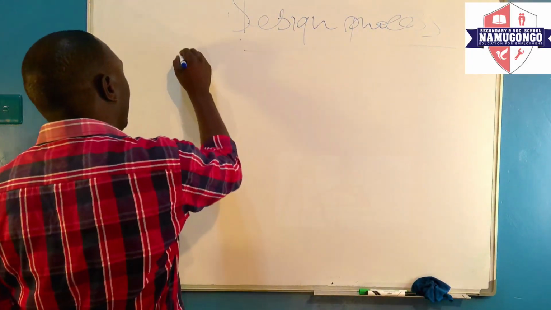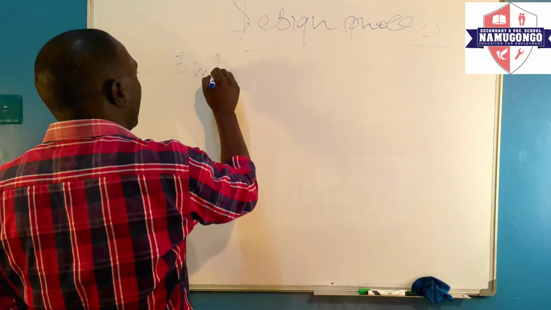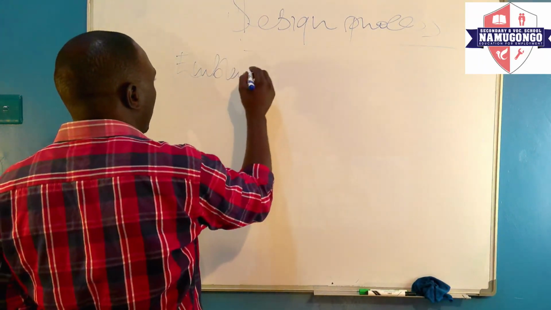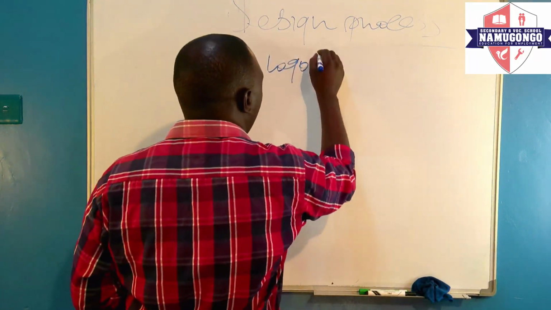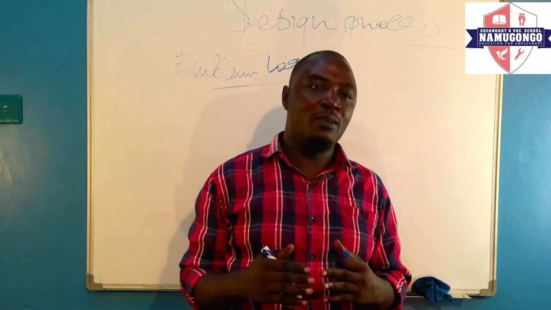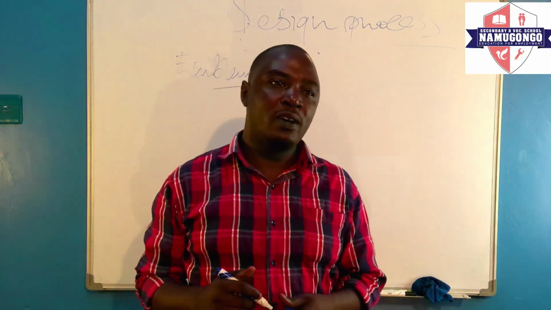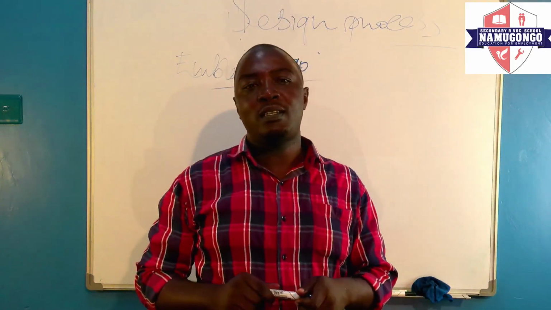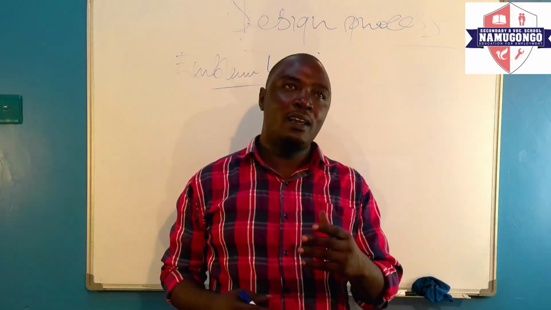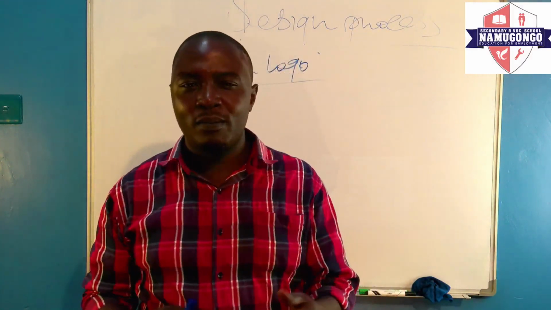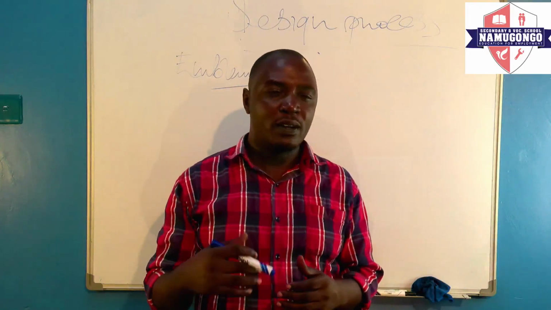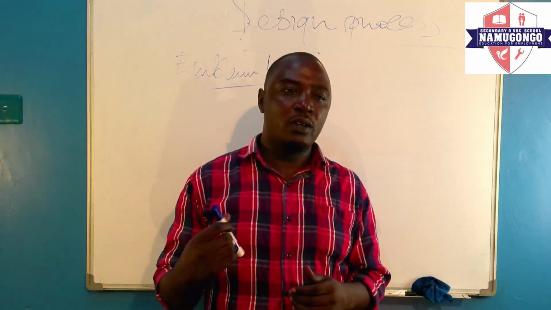We are going to design this type of logo, emblem logo. The reason why I want us to use the emblem logo is that it's very easy to interpret. When they tell you to design a logo and then you come up with a brand mark logo, it may be very difficult for someone to interpret it.